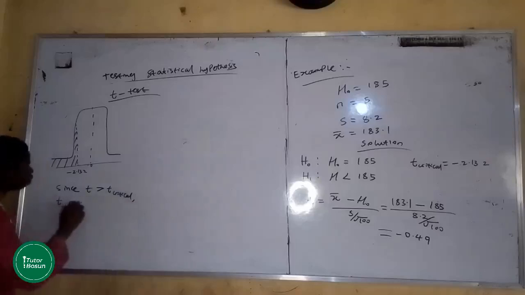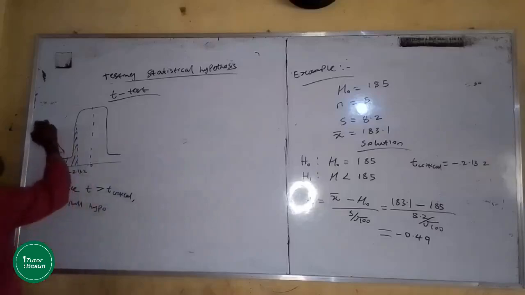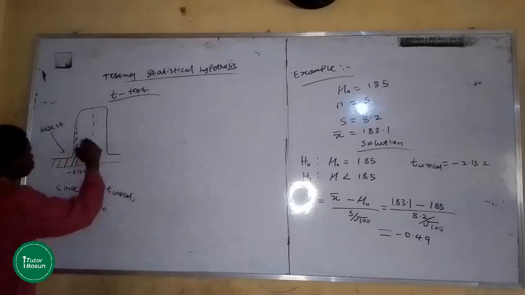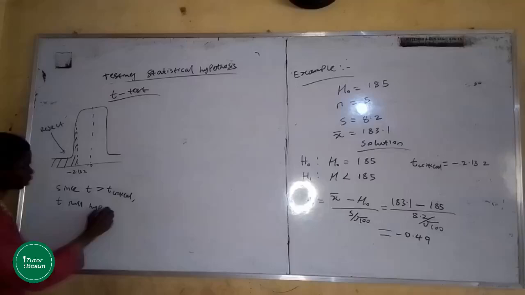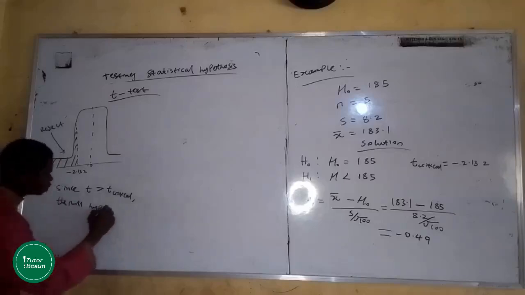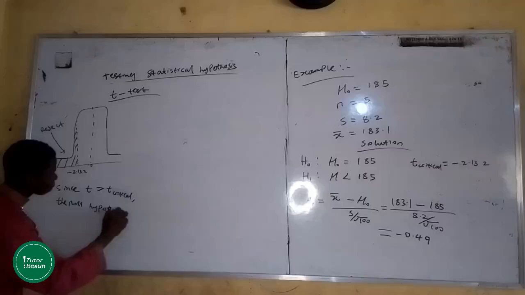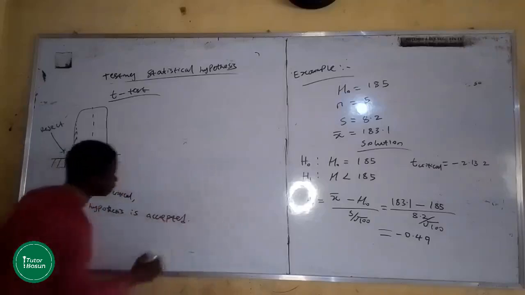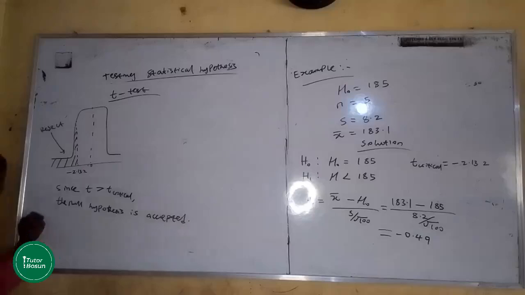you reject everything in this range, but everything in this range is accepted. Since this is greater than this, the null hypothesis is accepted.